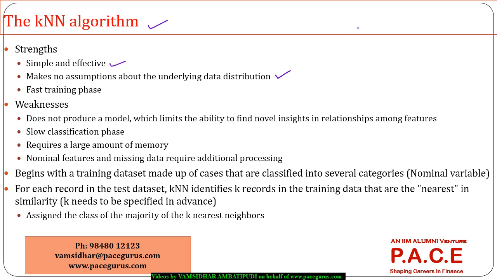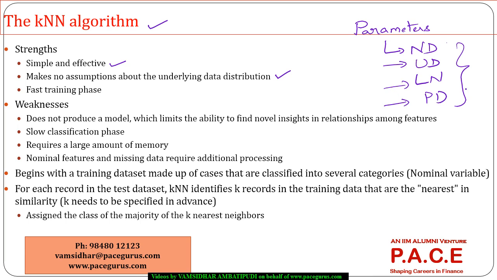Majority of the algorithms are parametric, meaning they make assumptions that the data follows, let's say, a normal distribution or a uniform distribution or a log normal distribution or a Poisson distribution, something like this. Whereas the KNN algorithm does not make any assumption regarding the distribution of the data. So whatever the type of the data, I can use this algorithm as it is.